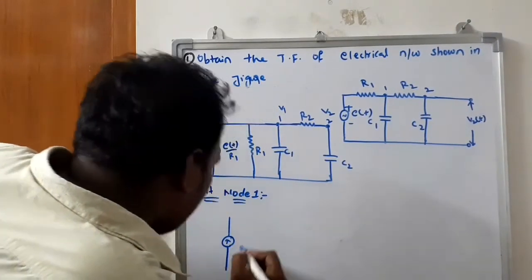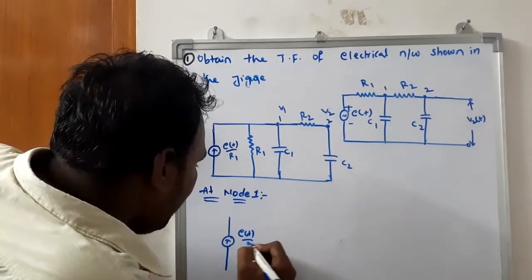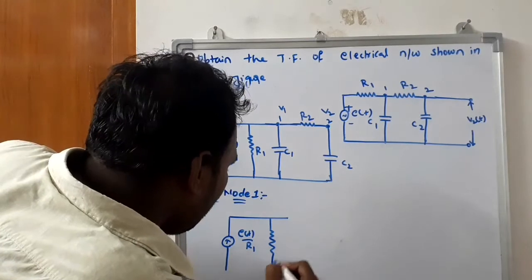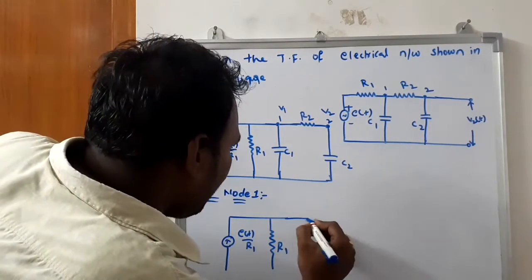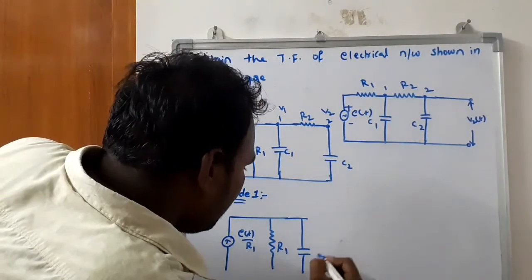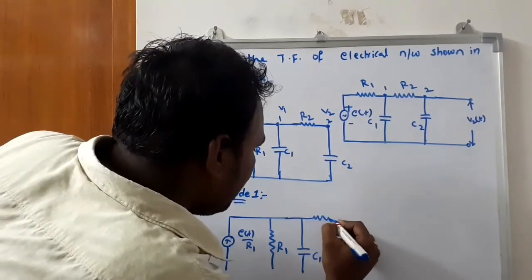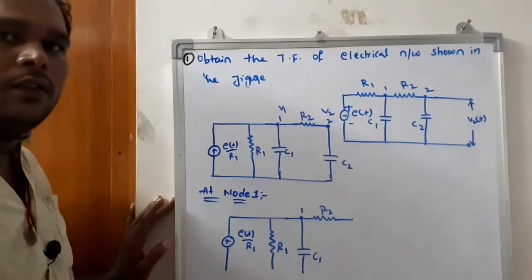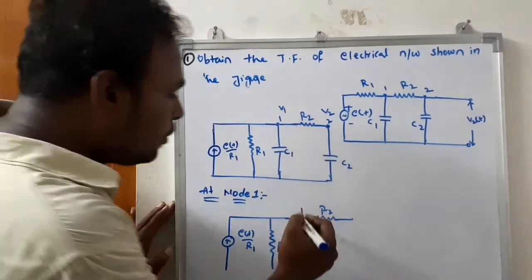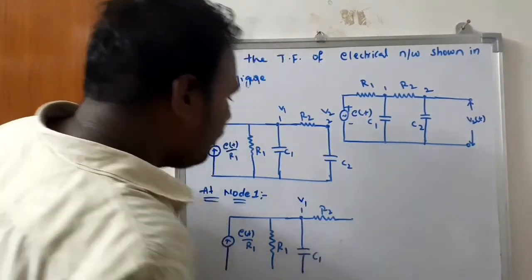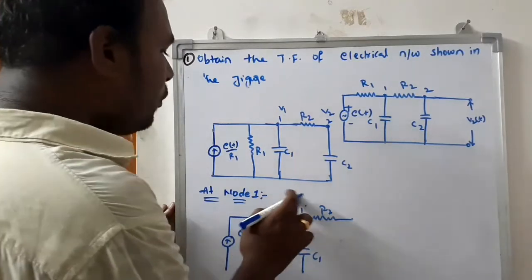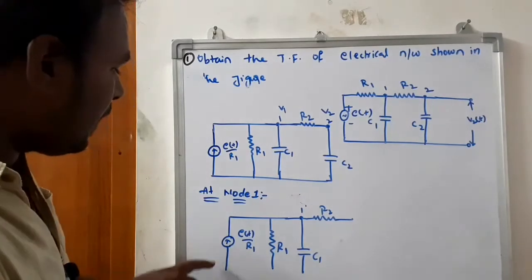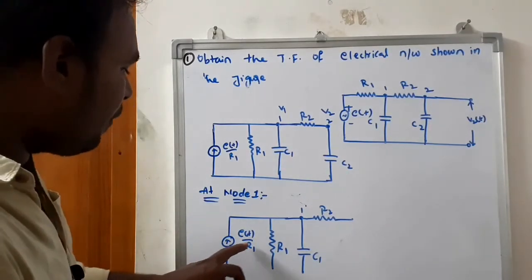So here E of t by R1, a resistor R1, a capacitor C1 and a resistor R2. This is node 1, so we have V1 at node 1. Now we are going to find the currents flowing through each and every element. The current flowing through the source is E of t by R1.